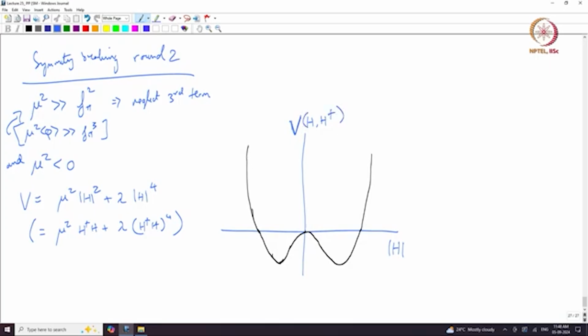And if you solve for the minimum, what will you get as the vacuum expectation value now? You can easily do this and convince yourself that the vacuum expectation value is square root of mod mu square over 2 lambda.